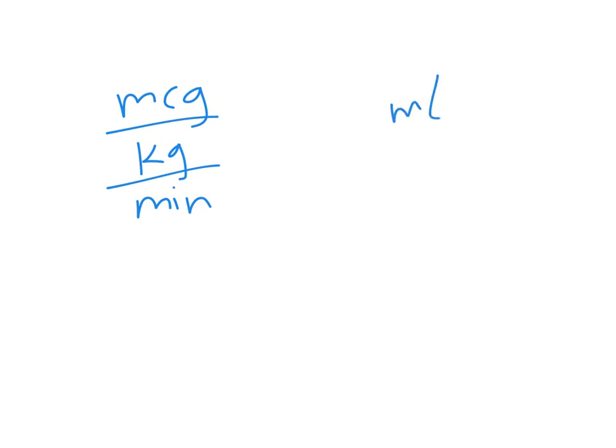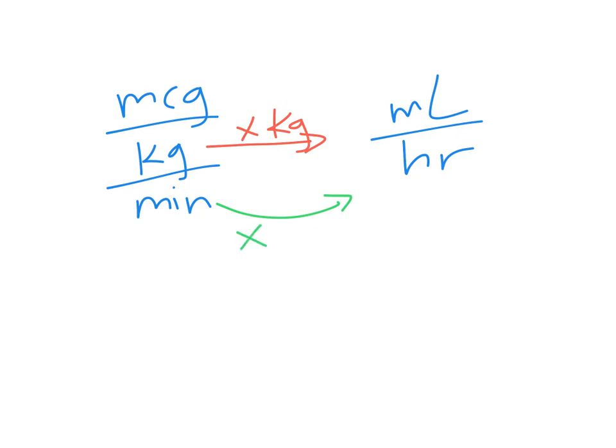And the last thing we just looked at was when we then incorporate weight, meaning that if it's ordered per kilogram per minute, there's just one little additional step there. So what we did was we multiplied by that kilogram weight, whatever that might be, first. We then took that answer and multiplied it by 60 to get it from minutes into hours.